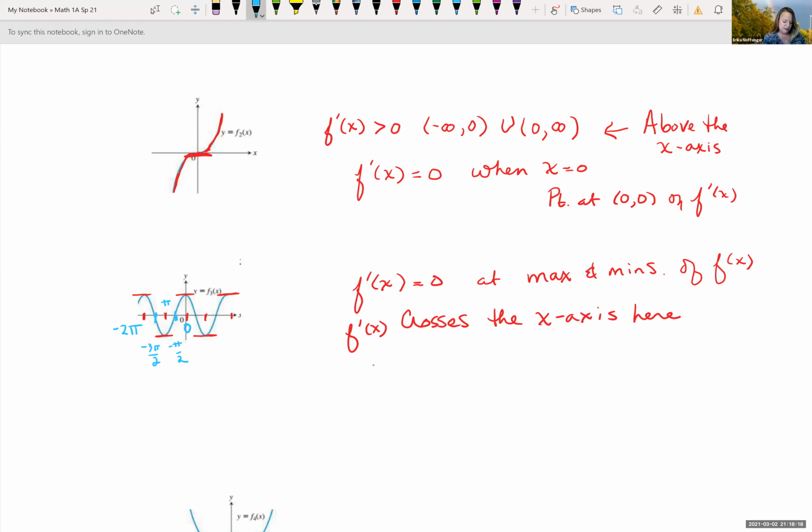And so these would be the places where it'd be crossing the x-axis: negative 2 pi, negative pi, 0, pi, 2 pi. We should be able to write that mathematically. This is going on forever. This is the sequence where I'm multiplying some integer n times pi, where n is an integer.